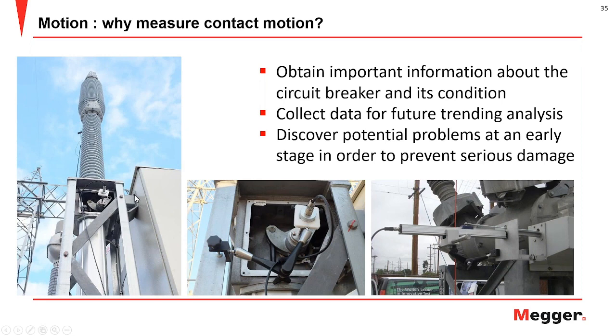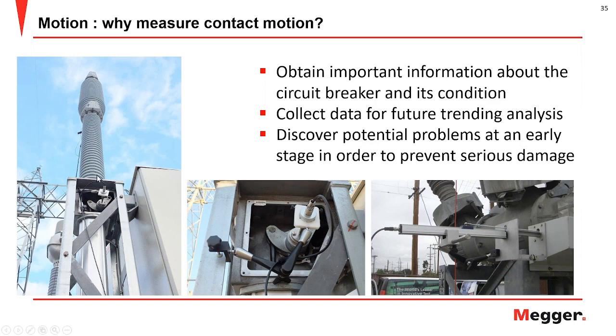To perform this type of measurement, some mechanical movement transducers need to be installed on the circuit breaker, and this is quite challenging from some points of view, because every type of circuit breaker will require a different approach. So there are a number of mounting kits available, quite flexible.